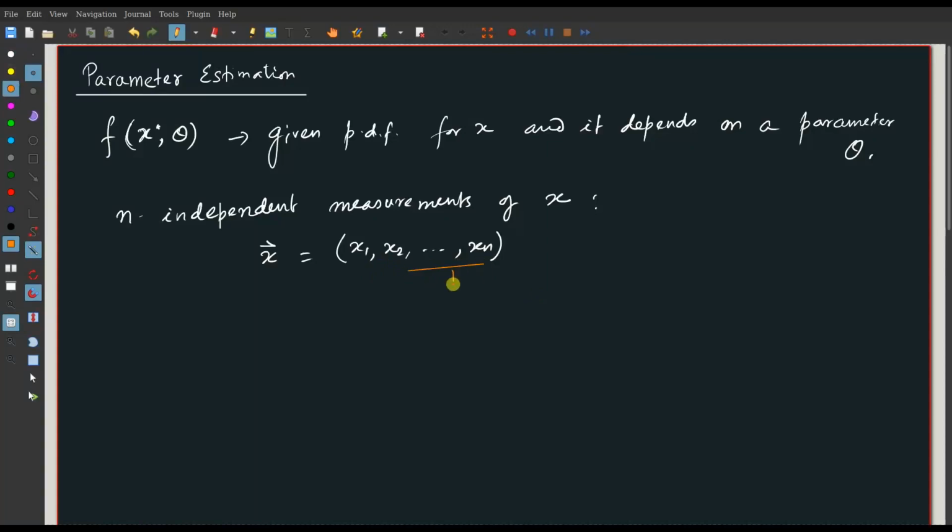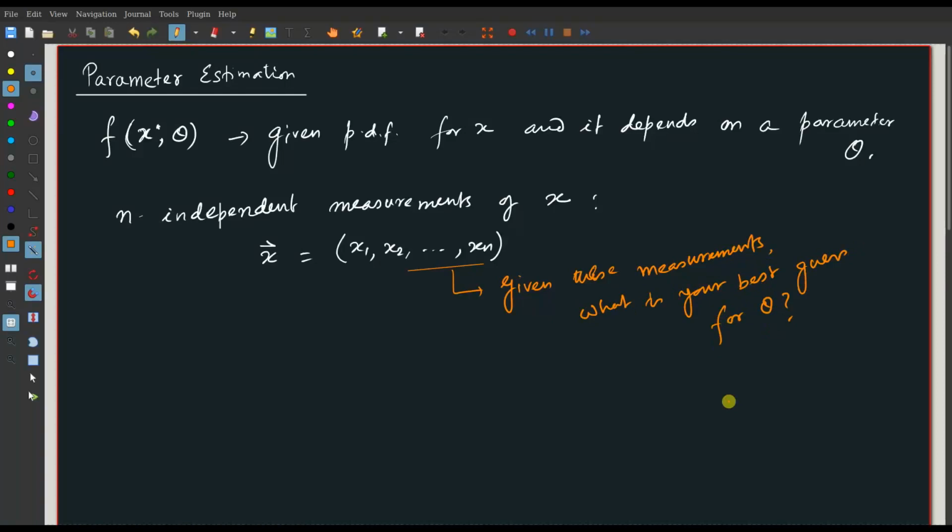Okay, so given these values, or given these measurements, what is your best guess for theta? Okay, remember, theta was an unknown parameter.